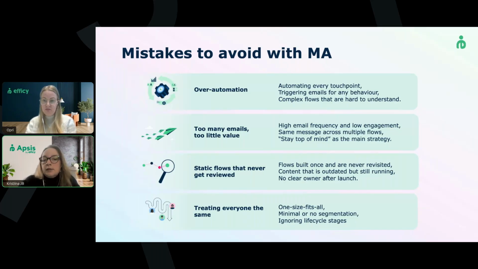So with over automation, start simple and then optimize as you go along, and try not to over automate. Then we also have too many emails, too little value. Again, sending emails is not the issue, but if you're sending a lot of emails with the same message across different channels, across different flows, that's when you will start to lose the engagement of the subscribers and profiles.